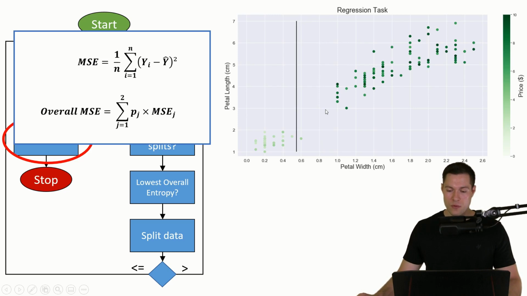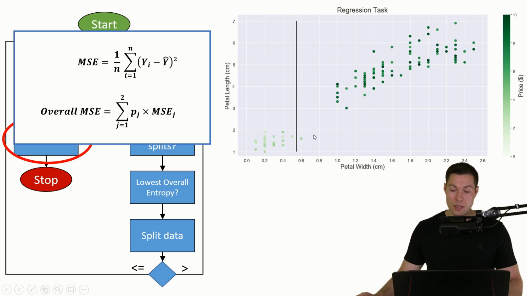And now, if we move the split to the left, then we have this flower with a generally low price in the right split area. So the average price of all those flowers here is now going to be somewhat lower. And therefore, all those flowers that have a generally high price are going to be a little bit further away from the average. So the errors are going to be a little bit bigger.